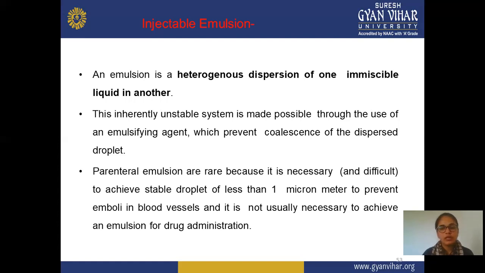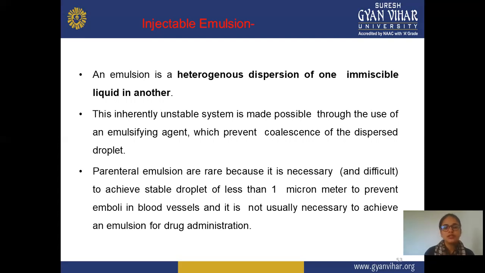Means these emulsions are mainly in an unstable form, and to improve the formulation and convert it to a stable form, we use an emulsifying agent, and these emulsifying agents help to keep the emulsion in a stable form and also prevent coagulation of the dispersed droplets of your system.